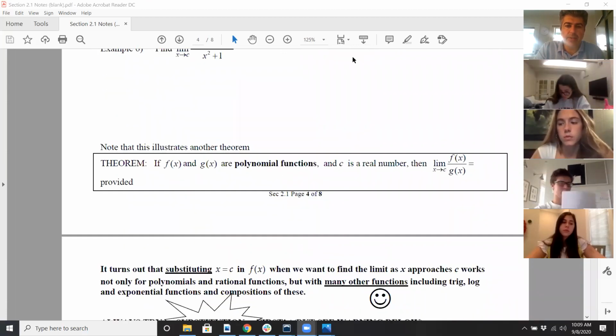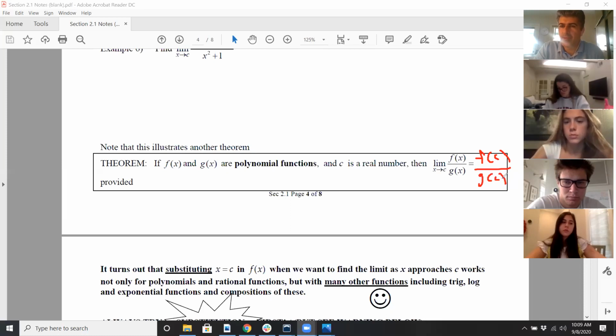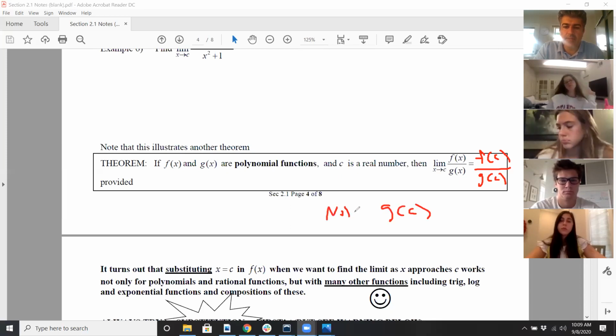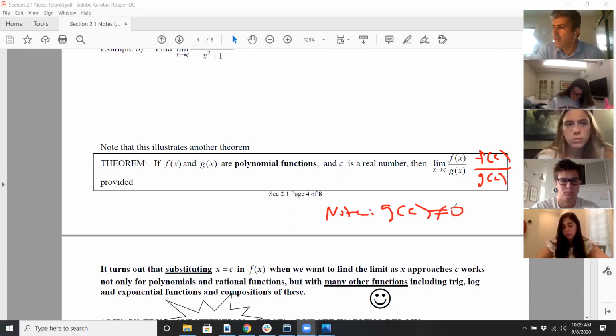If you have a fraction, find f of c over g of c, as long as f and g are polynomials. Obviously, we have radicals and other weird stuff. We'll explore that also. But keep in mind that g of c cannot equal 0, because then that would be an issue.